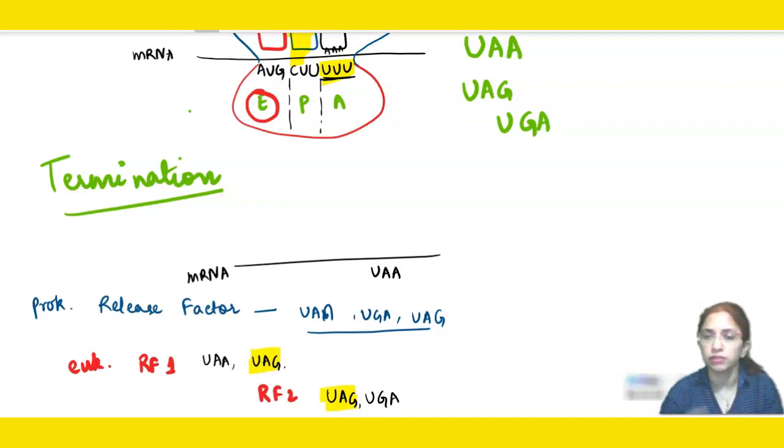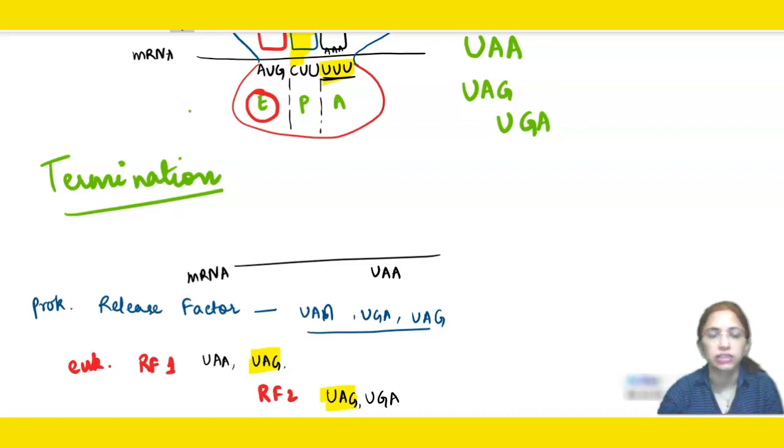That means if the terminating codon is UAG in the case of eukaryotes, then both release factors can help, release factor 1 or release factor 2. Whenever in biology we are using factors, that means we are talking about some proteins. So this is the protein in a cell which is helping out in the termination process, and this is known as the release factor. So in eukaryotes also, all the assemblies will be dissociated, and this will ultimately bring an end to the translation.